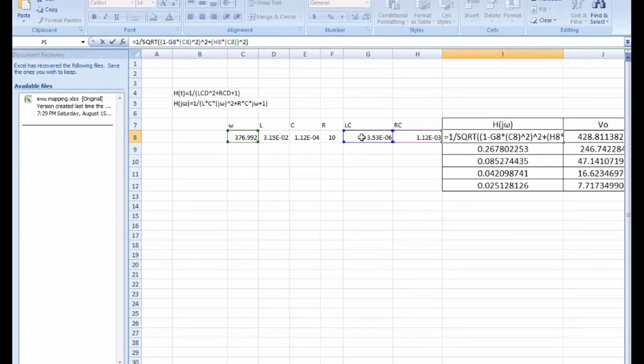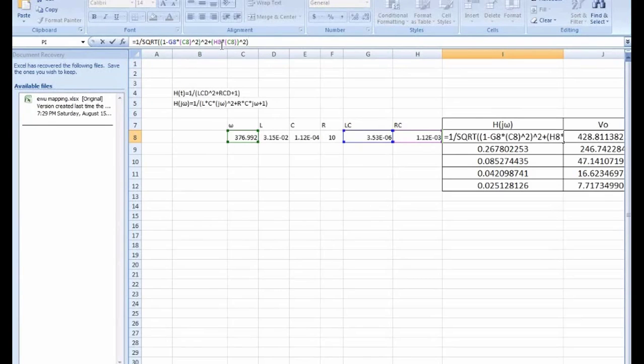Okay? Yes, sir. Then omega square. Omega square means here 376.966 whole square. All right? Yes, sir. Plus omega RC whole square, not j omega.